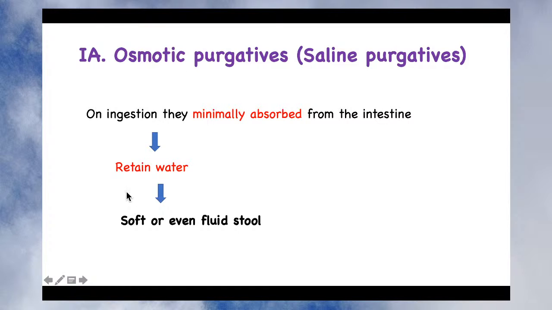Due to the retention of water, your stool becomes soft, and we have seen that one reason for constipation is hard stool, or stool with less water. So due to retention of water, your stool becomes soft or even fluidy in nature.